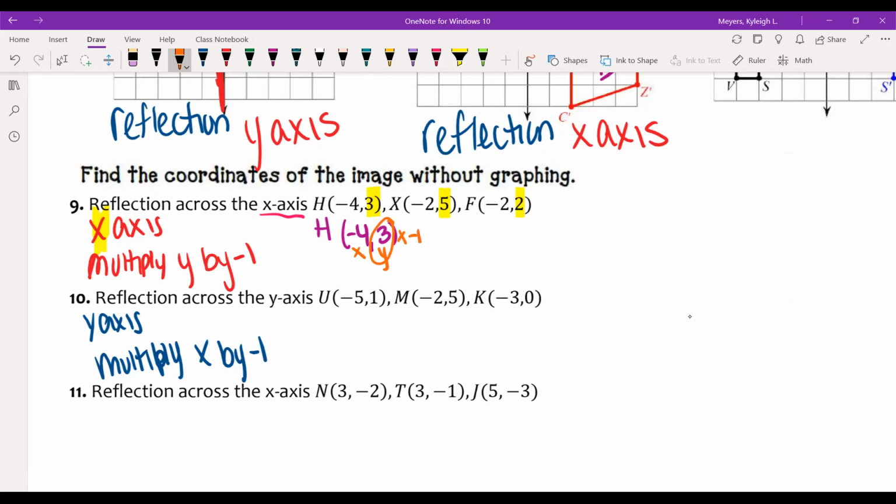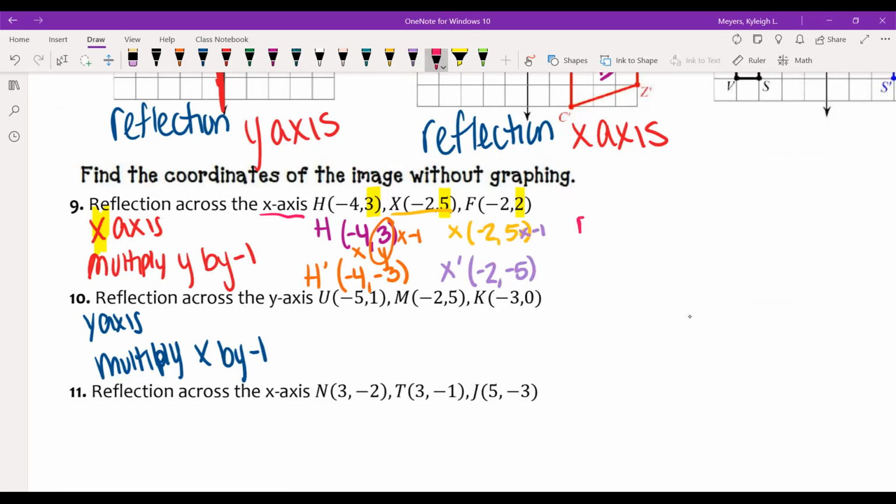So our new h, our h apostrophe, is -4, -3. Our x here is -2, 5. We want to multiply our y, our 5, by -1. So our new x is -2, -5.